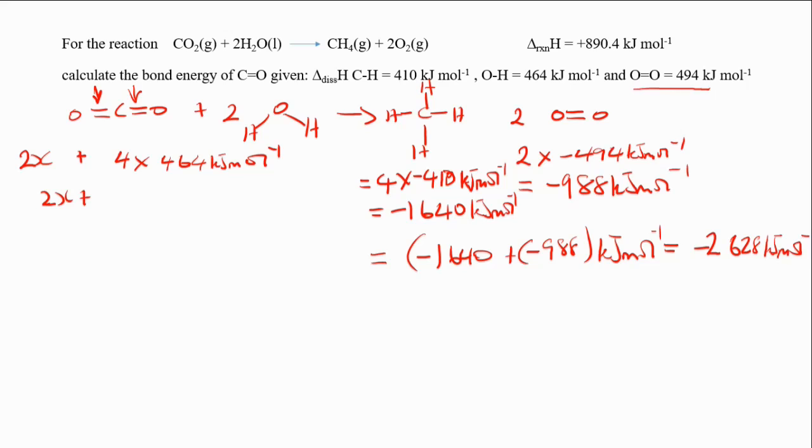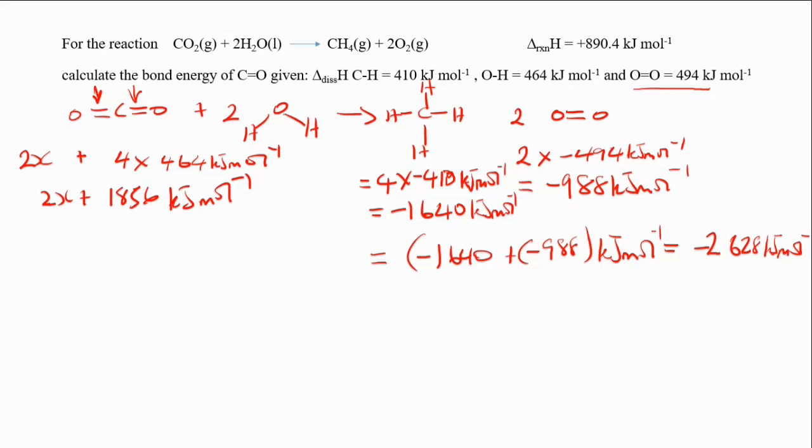I got 1856 kilojoules per mole. I hope you understand why I have 4 here. It's because there are 2 oxygen hydrogen bonds in a single water molecule, and then we have 2 water molecules, so it's 2 times 2, that is 4.